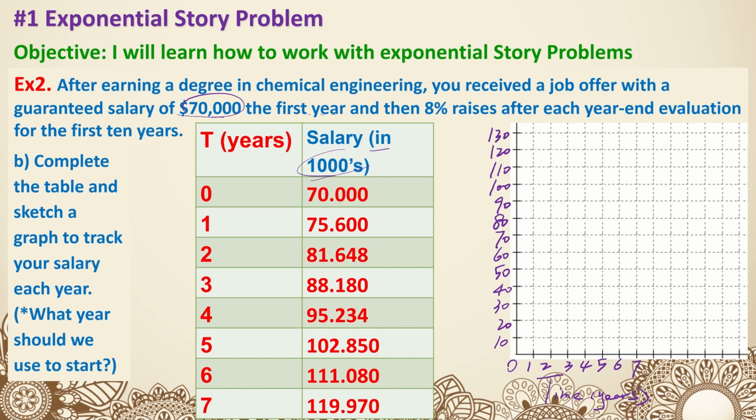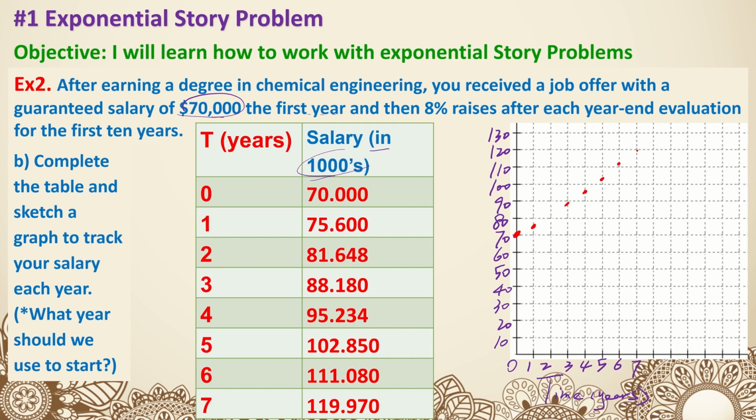We are starting with 70,000, and then 75.6, so it's kind of like in between. 81, slightly over, then it's 88. Next one is 95, and then 102, 111, and 119.